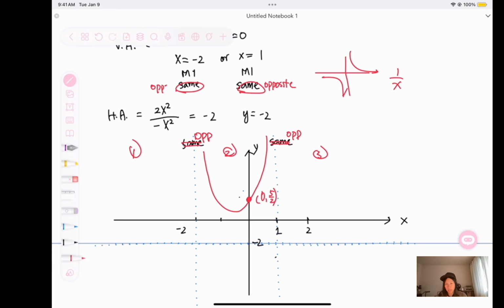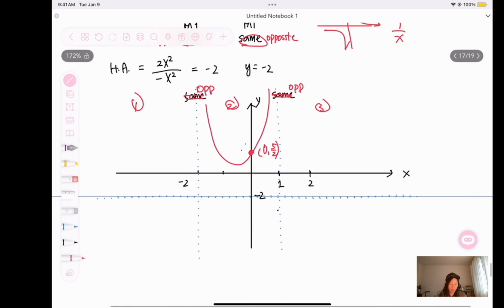So that is your first part. The second can be the left part or the right part. We know the behavior near this asymptote should be the opposite direction. So on the right it goes up, which means on the left it goes down.